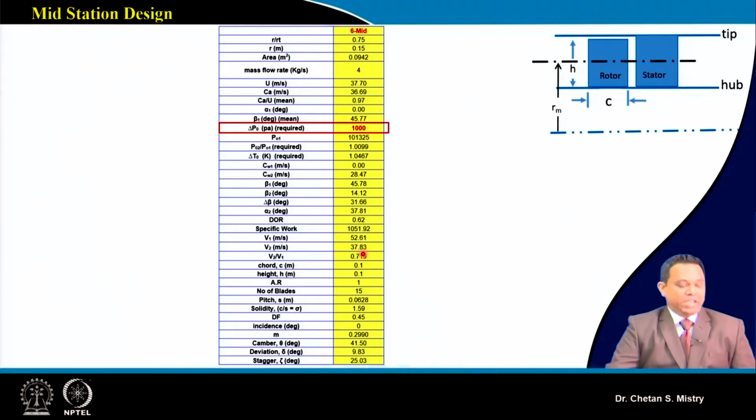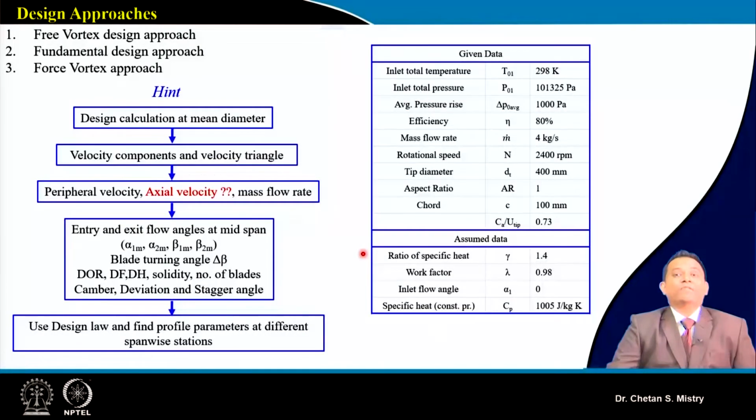Now when we want to do the design for the forced vortex concept, we need to realize how to proceed. Similar to what we discussed for the earlier 2 methods, we will be calculating our different velocity components and velocity triangle. As we know, for the forced vortex concept my axial velocity will not remain constant, which means we need to do the calculation for that.